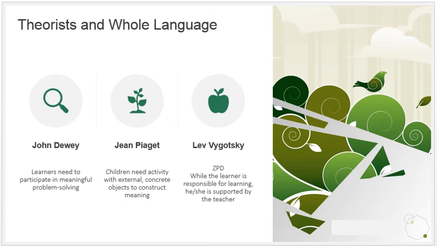Another theorist is Piaget, with his idea that children need activity with external concrete objects to construct meaning into their own worlds. And then another one would be Vygotsky. So we know with Vygotsky, he has a zone of proximal development. And while the learner in whole language is ultimately responsible for their own learning, they will be supported through the teacher. And play will also be a very important role in their learning.